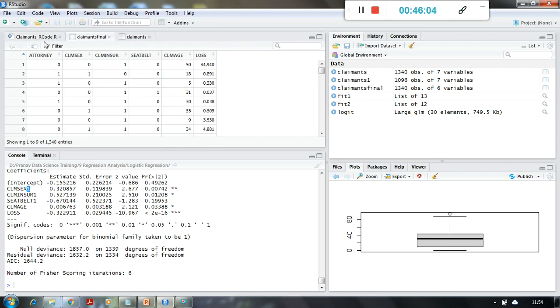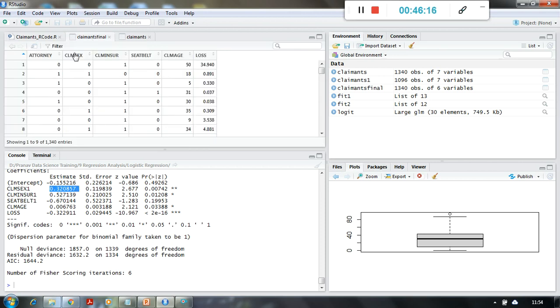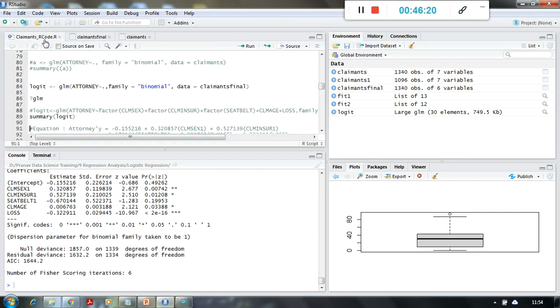So this much amount of change can happen if we change this.